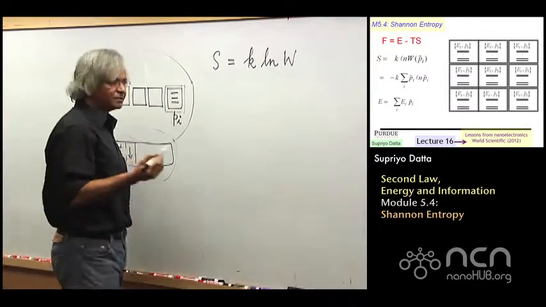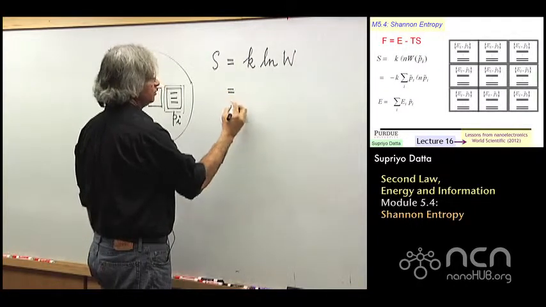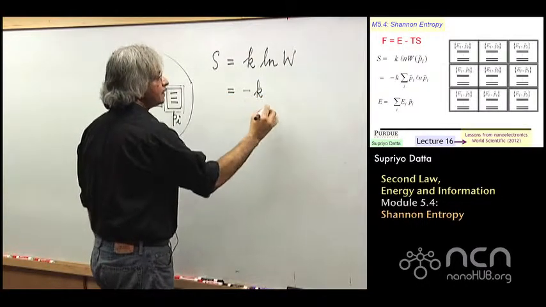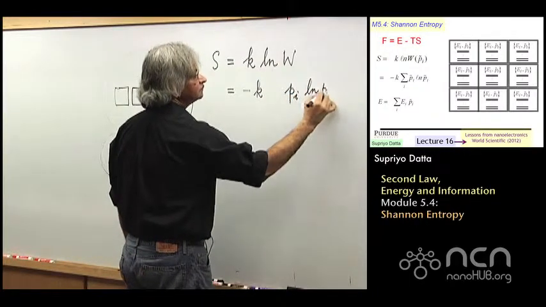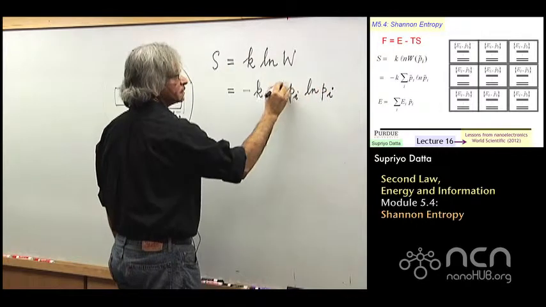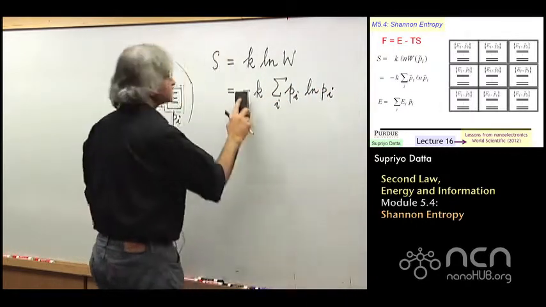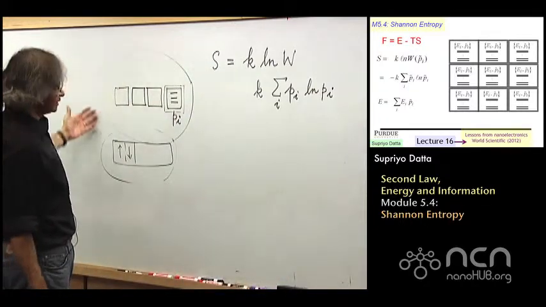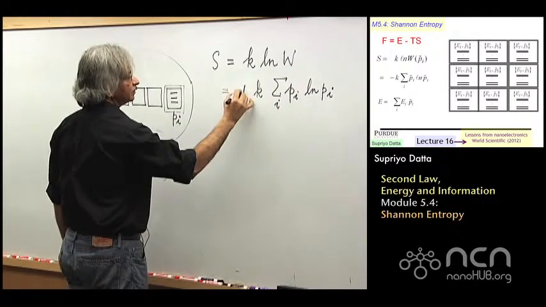And the final result would be something like this. I'll show that this is equal to minus K, sum over i of pi log pi. And I guess if there are a total of n such systems in the whole thing, then I'll put a minus n in front.